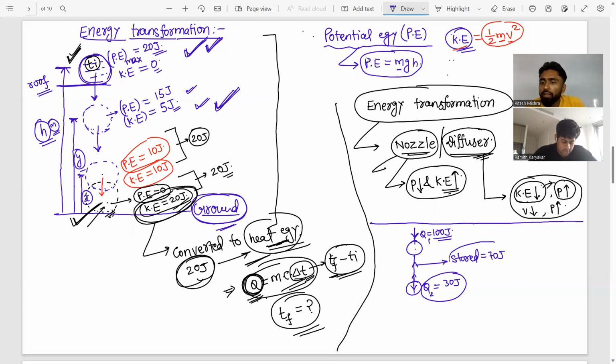If we do not do any work, then what will happen? From this stored energy, I can easily gain fat. And if we are doing more work, then we can easily lose fat.